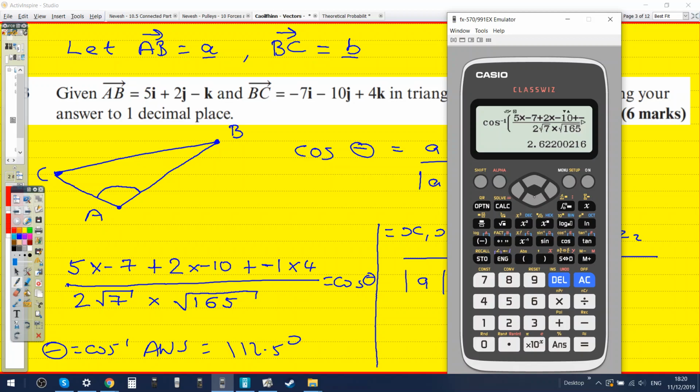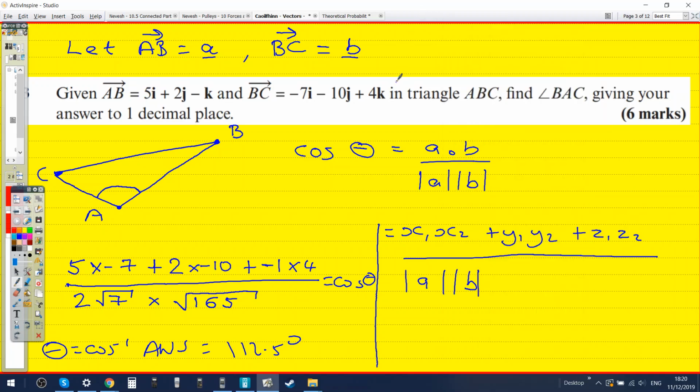And inverse cos. I'm pretty sure it's cos. A dot B: 5 times minus 7 plus 2 times minus 10 plus minus 1 times 4. Oh, I don't know. My thing is slightly off. Did we use a rounded answer? I don't think so.